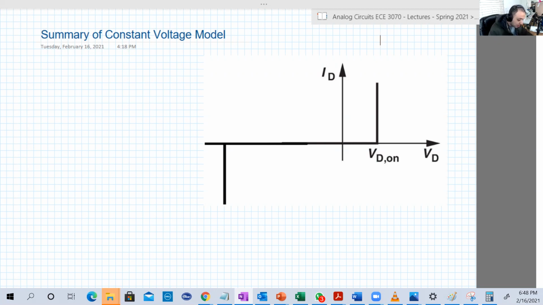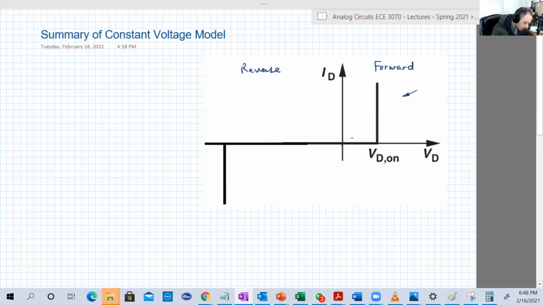Okay, so basically we approximated the exponential IV characteristics, the curves, non-linearity, all such stuff, to a very easy model. Basically we have forward and we have reverse. If the diode is forward biased, then we have two possibilities.